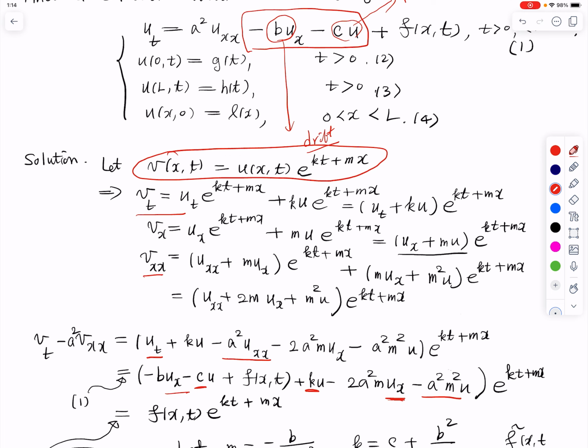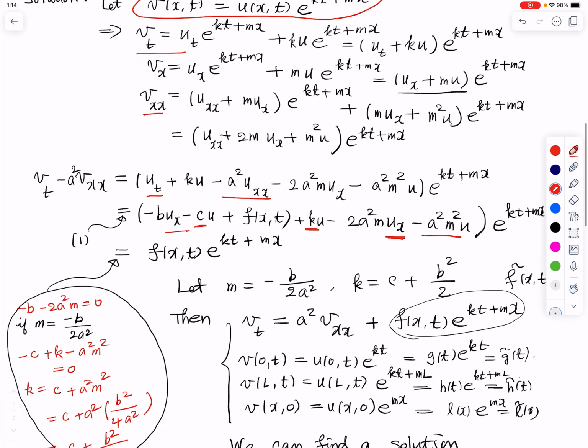Then you can solve this one for u. That's what I have.